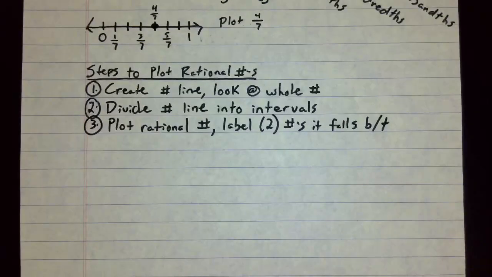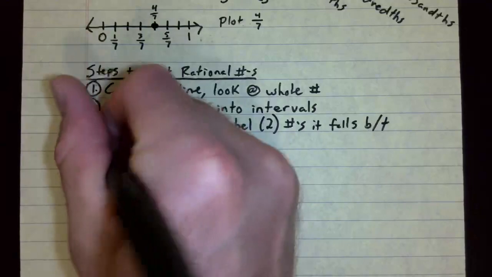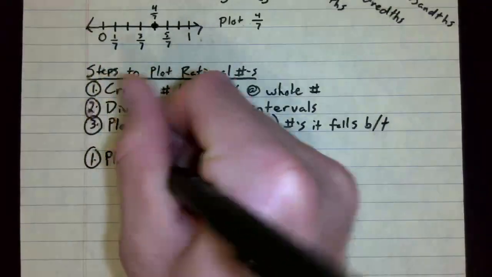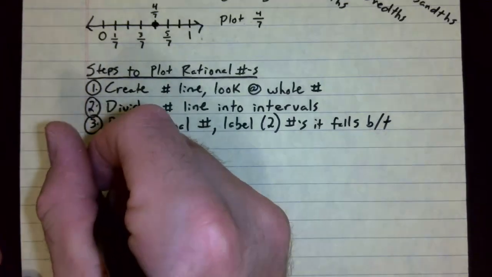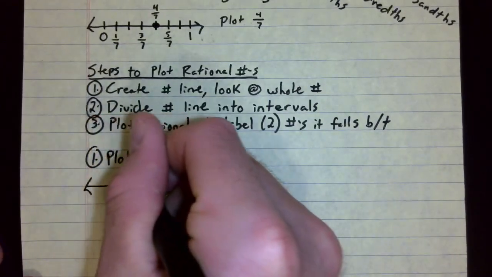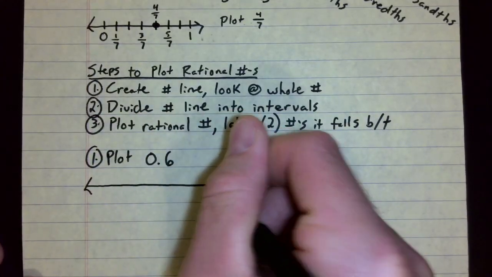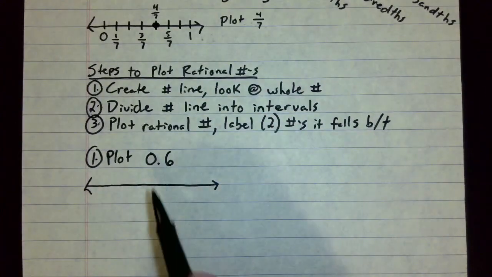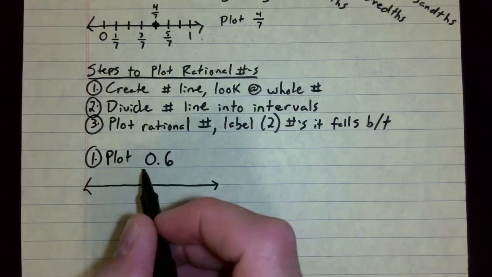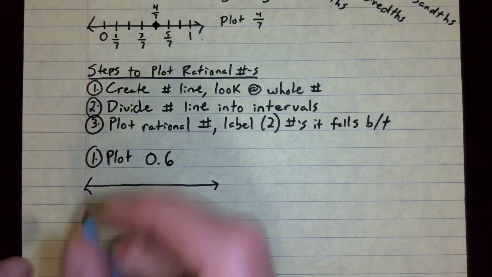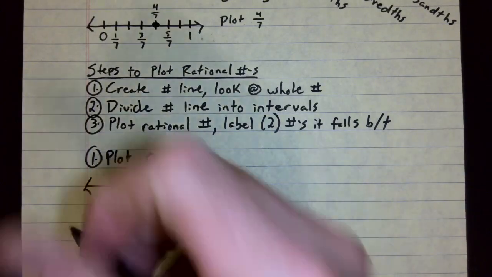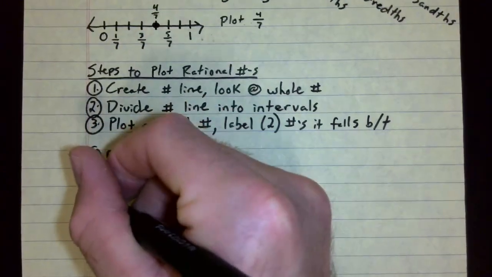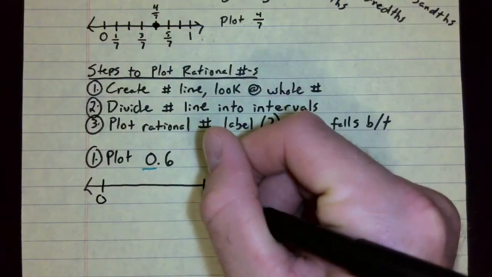So number one is going to be plot 0 and 6/10. Okay? So step 1 just says create your number line. So create a nice straight number line. And we know 0 and 6/10, we're looking at the whole number right here. So we know that we're going to start at 0, and the next whole number will be 1.